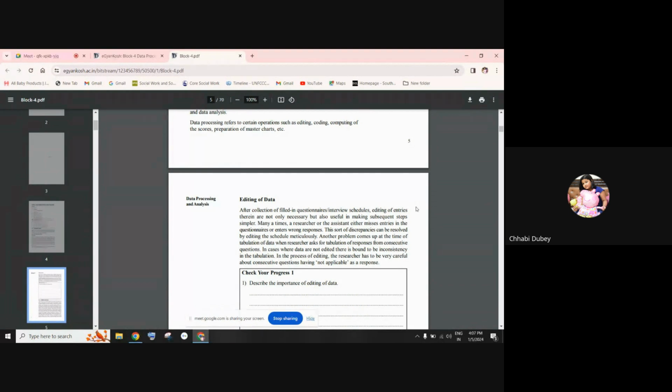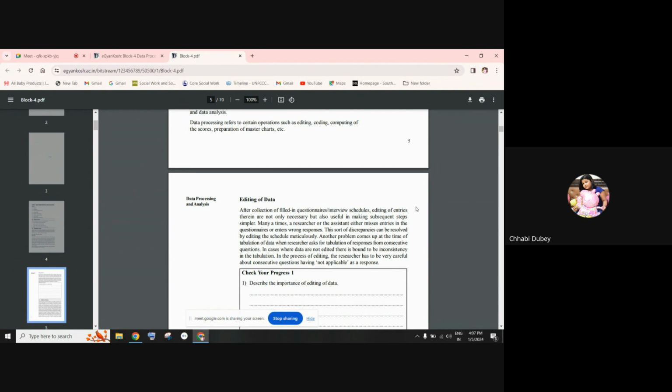Sometimes a researcher may either miss the entries in the questionnaire or may enter some wrong responses. And this leads to some kind of discrepancies. Now, these can be resolved to a great degree once we carry out the editing part.